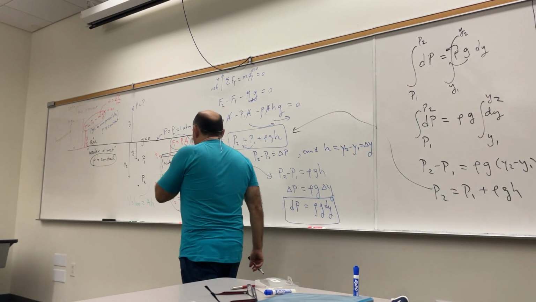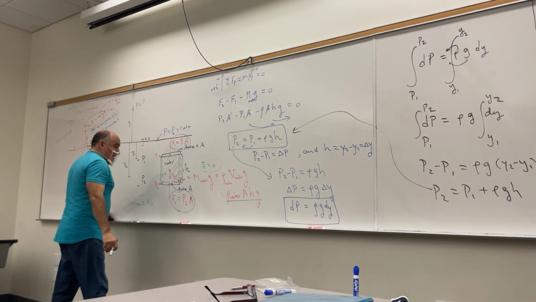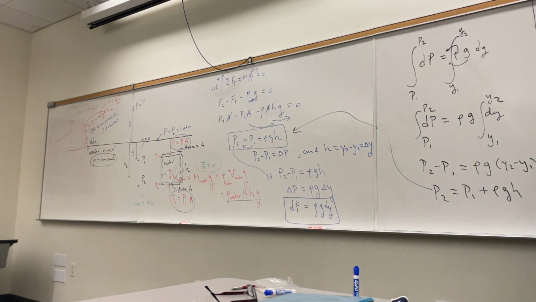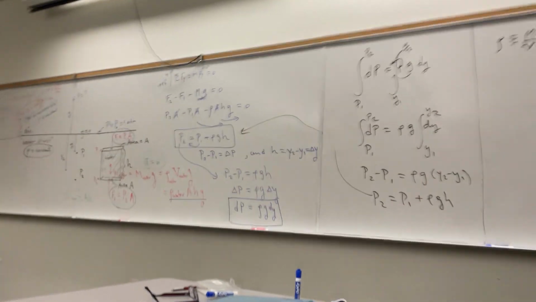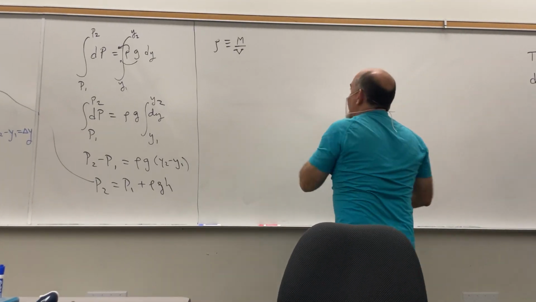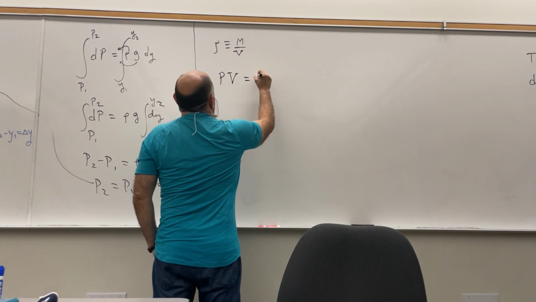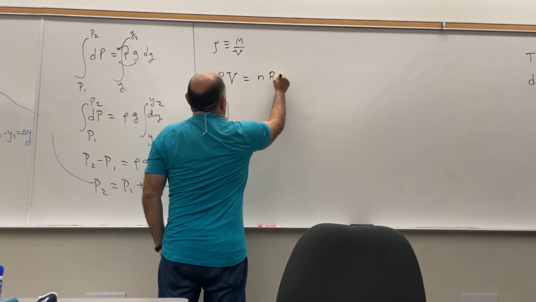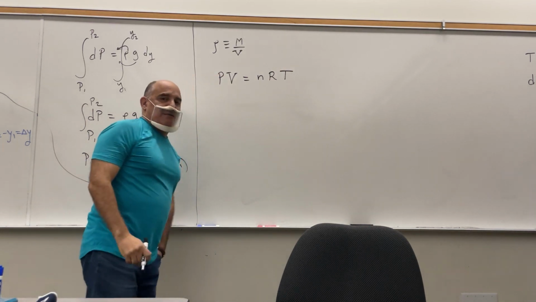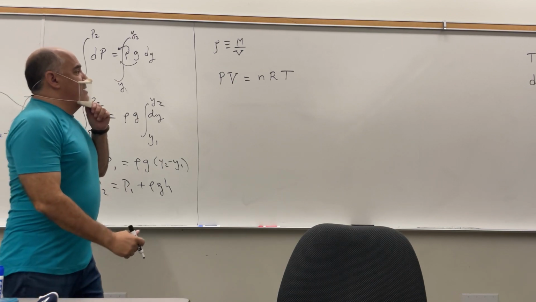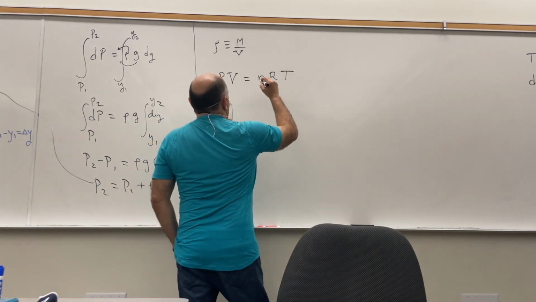So if I consider the air as an ideal gas, as an ideal diatomic gas, then I can write that the pressure times the volume is equal to the number of moles times a constant times the temperature in Kelvin, the absolute temperature. I can write the following.